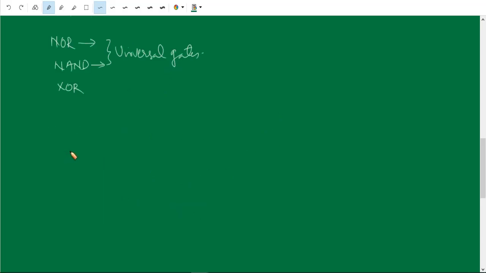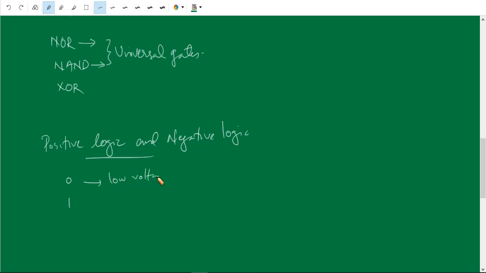Digital systems can employ either positive logic or negative logic. Positive logic means there are two bits, 0 and 1, where 0 represents low voltage and 1 represents high voltage.